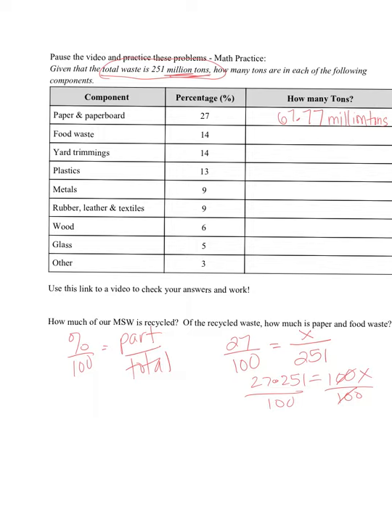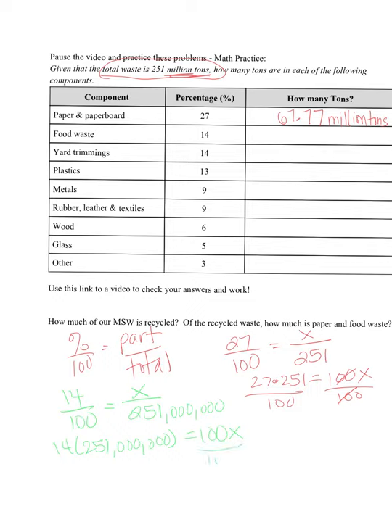Let me try another one. The food waste is 14%. So I'm going to turn to green for the food waste. It's 14 out of 100 because it's 14%. What's my part out of 251 million? This time I'm going to do 251 million just like that because that is actually a million written out. So I'm going to take 14 times 251, all those zeros, equals 100x.